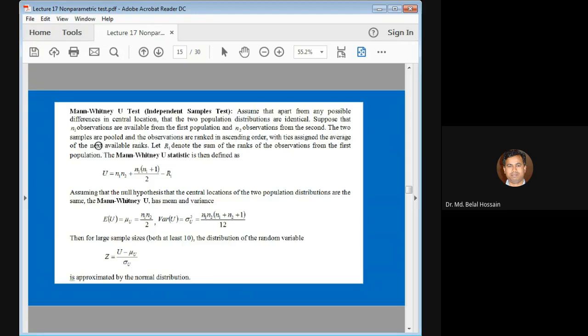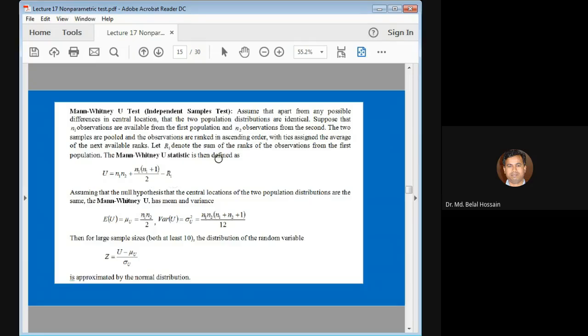The two samples are pooled. The observations are ranked in ascending order with ties assigned the average of the ranks as before. Let R1 denote the sum of the ranks of the observations from the first population. The Mann-Whitney U statistic is defined as U equals n1 into n1 plus 1 divided by 2 minus R1.